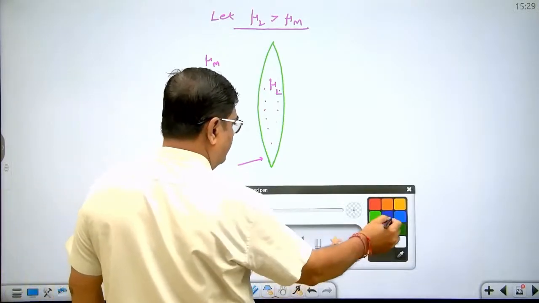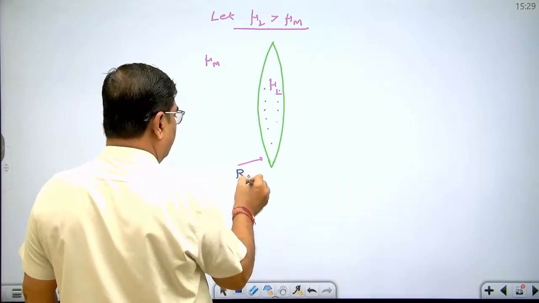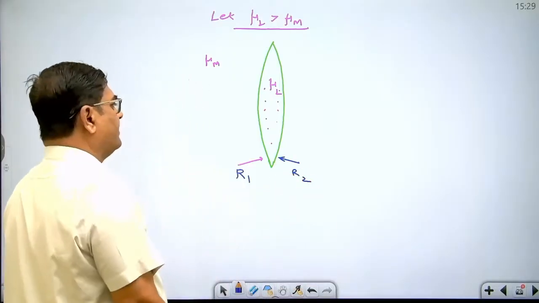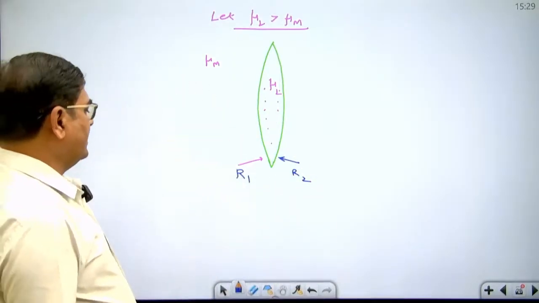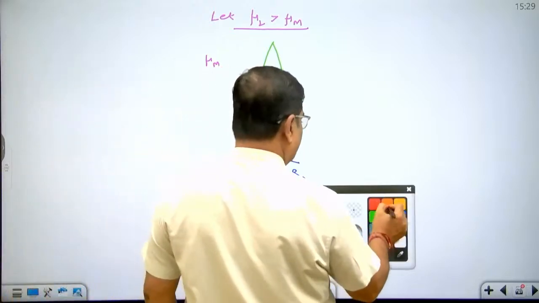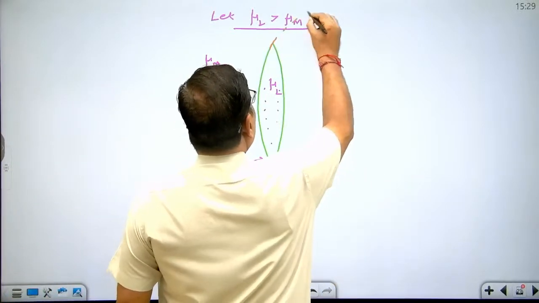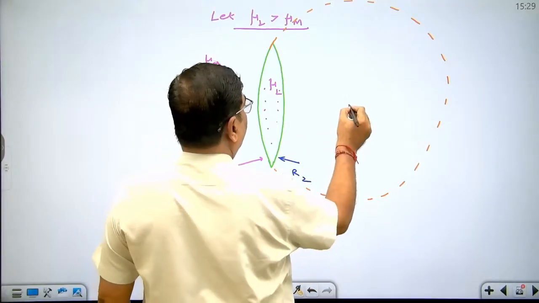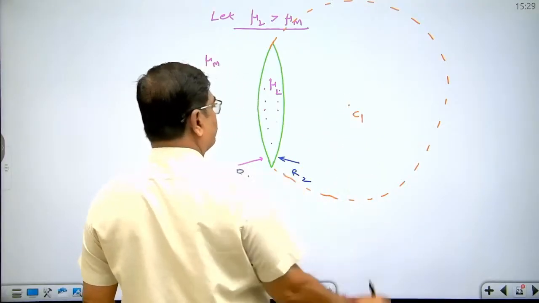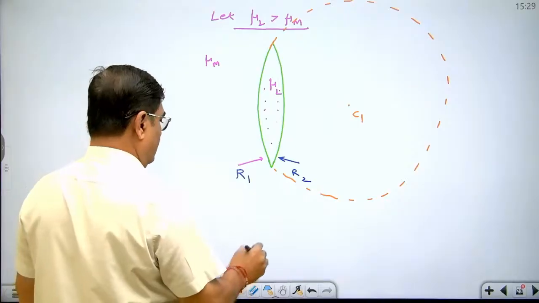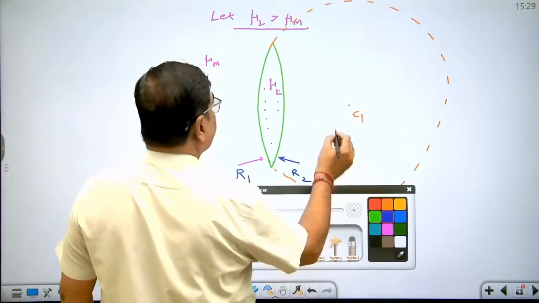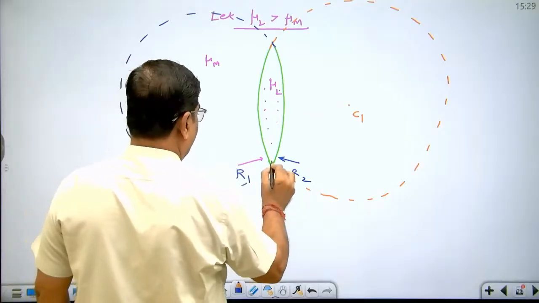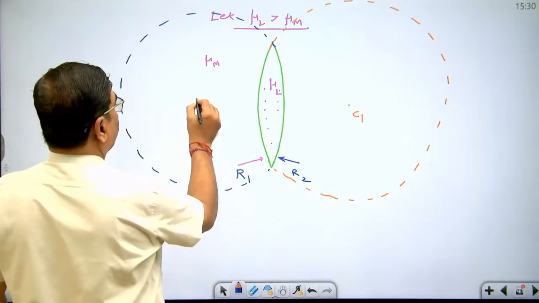Let us assume the radius of curvature of the first surface is R1 and of the second surface is R2. Now, dear student, this first surface is made up of this sphere, whose center is somewhere here, and the second surface is made up of this sphere whose center is somewhere here.